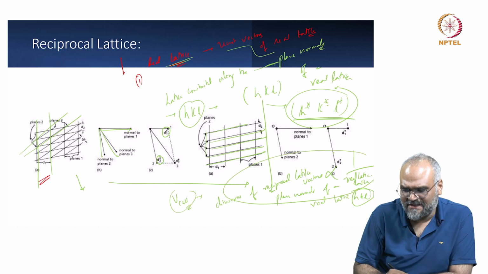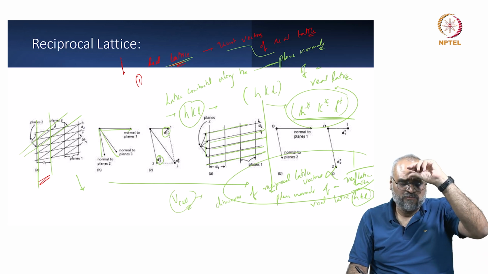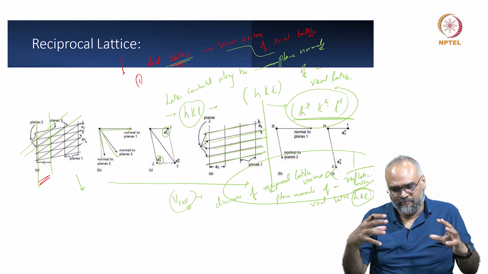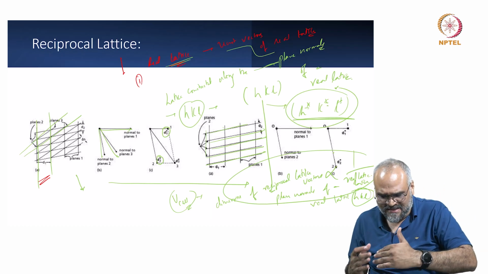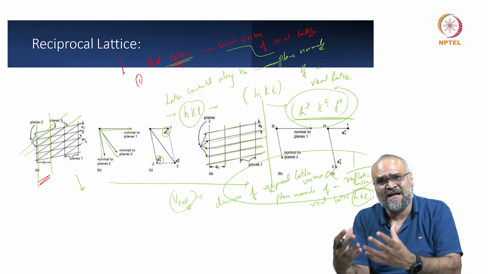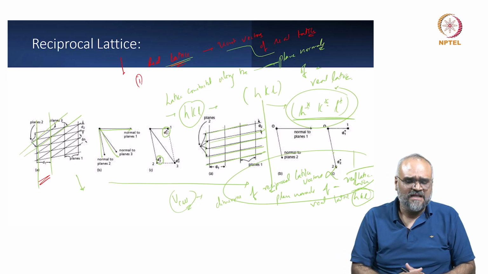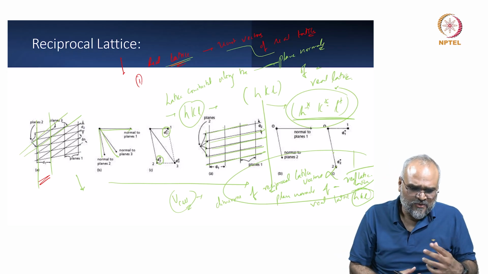I will not go there yet, but the whole objective is to essentially build a concept that when I have a real lattice and I take the plane normals of the real lattice and I construct an imaginary lattice along these plane normals, I end up getting a reciprocal lattice.